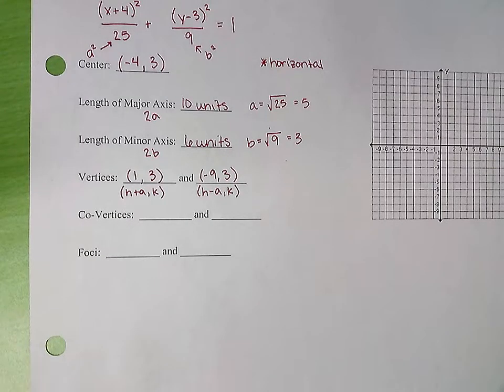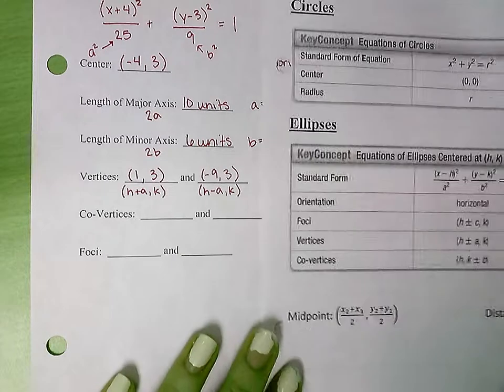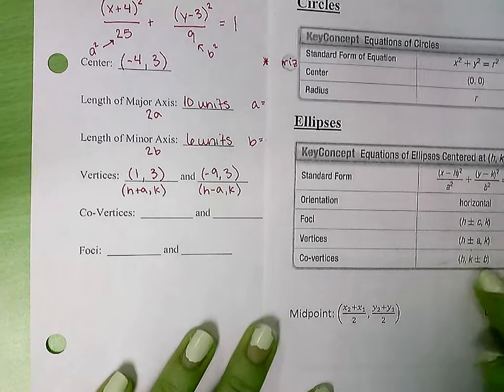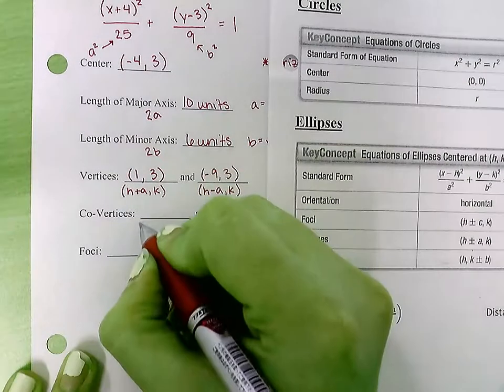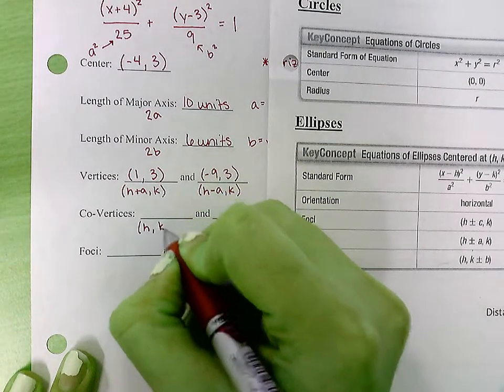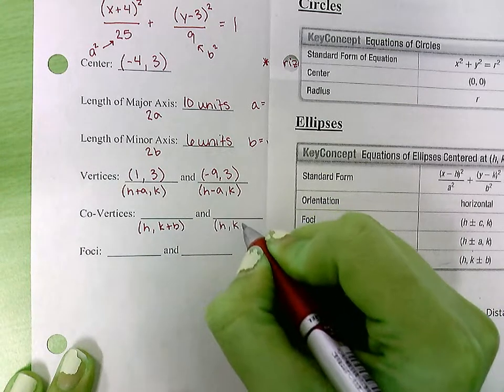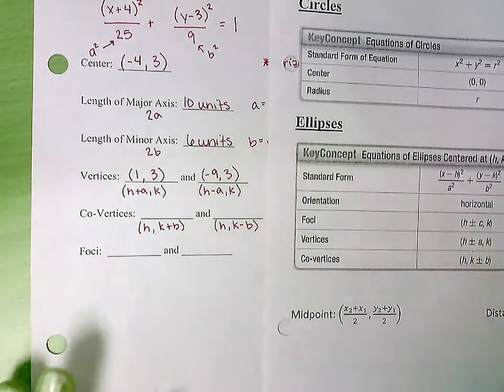Next, I need my covertices. So again, looking to my chart right here. To find my covertices, I'll have (h, k + b) and (h, k - b).